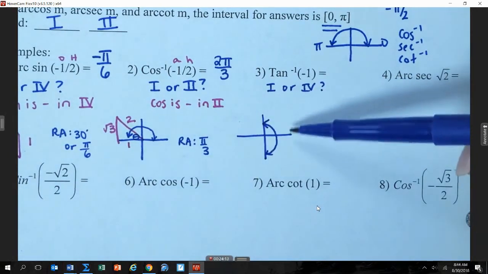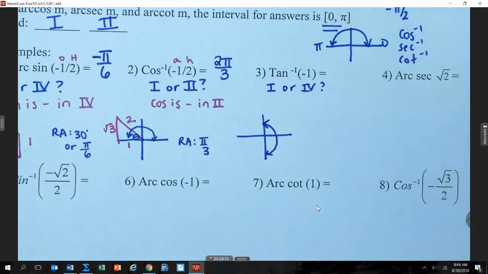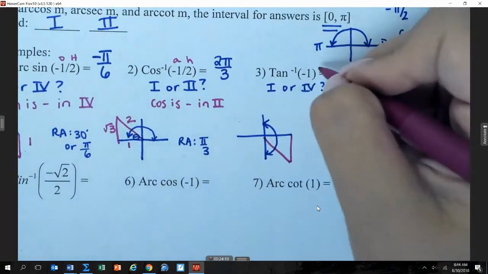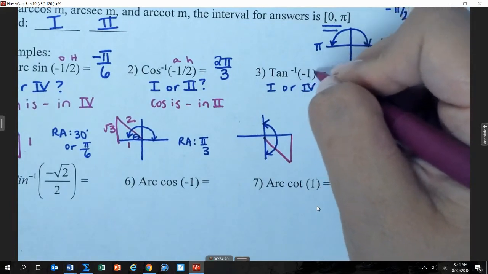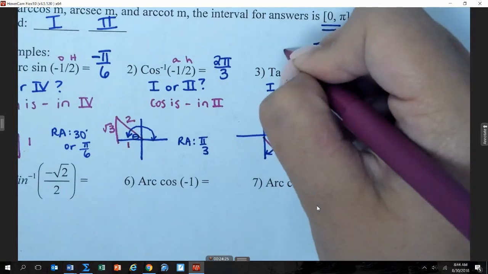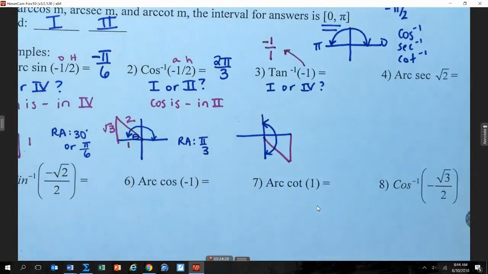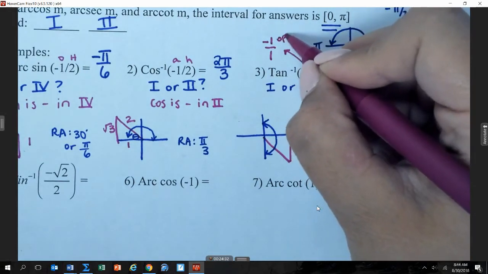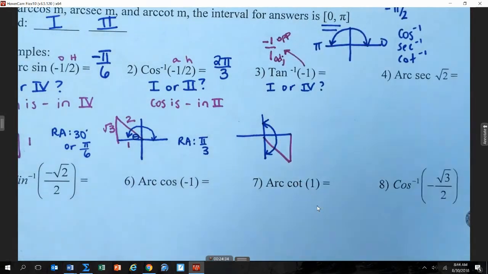In which quadrant, 1 or 4, would tangent be negative? 4. And it gives me that the ratio of the side lengths is negative 1. If you want to write that out as negative 1 over 1, does everyone agree that that's negative 1? That's your opposite over adjacent for tangent.